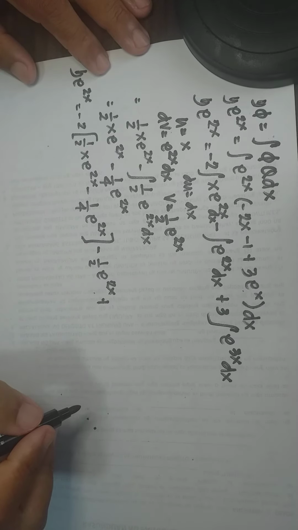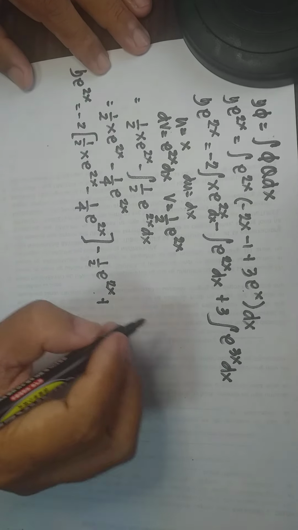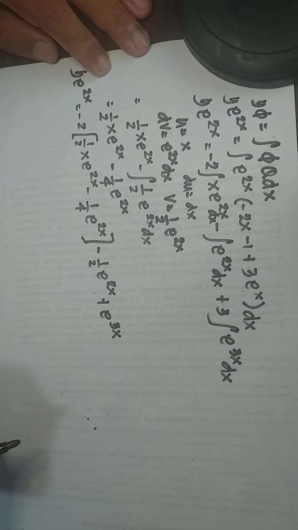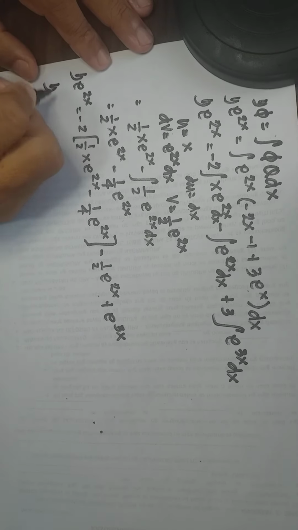The integral of e to the 3x dx is 1/3 e to the 3x, so therefore this becomes e to the 2x only.